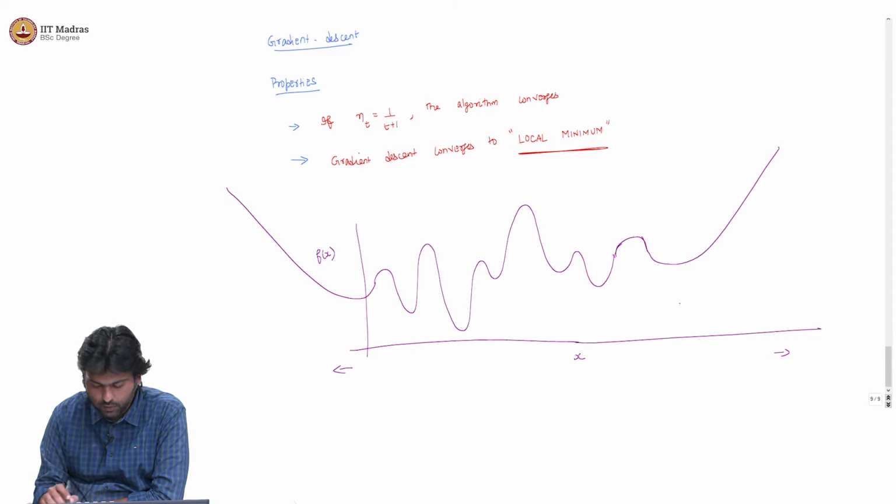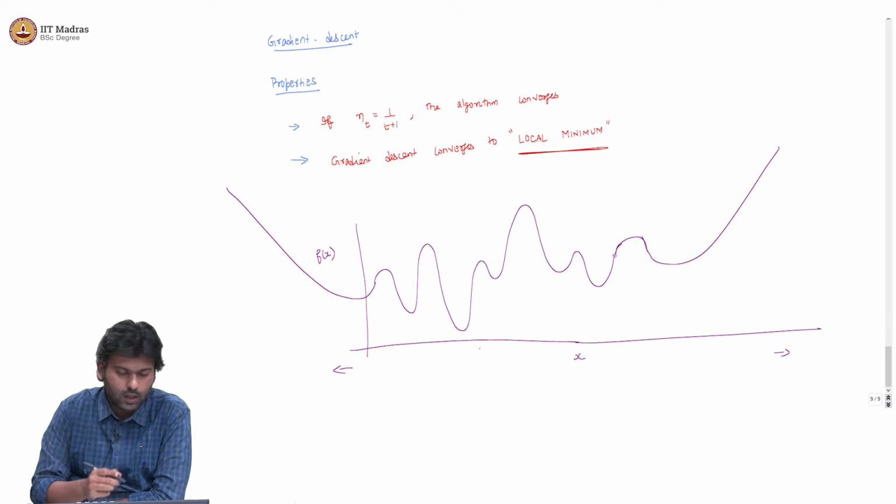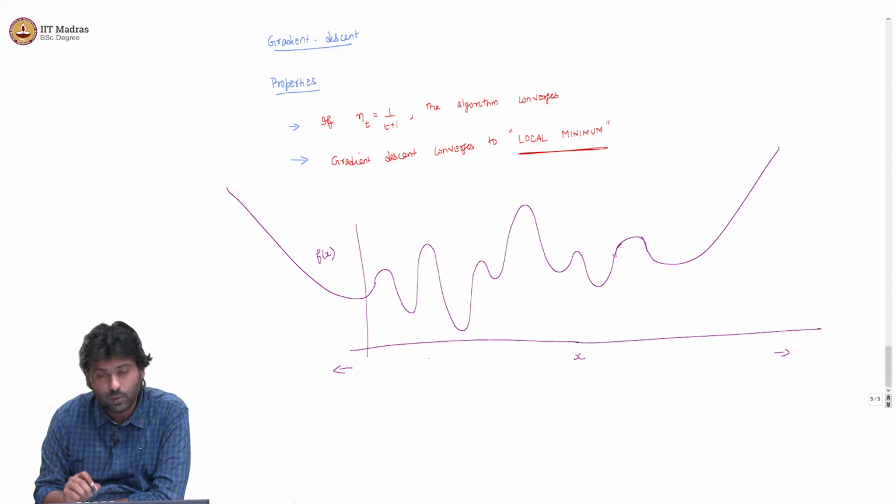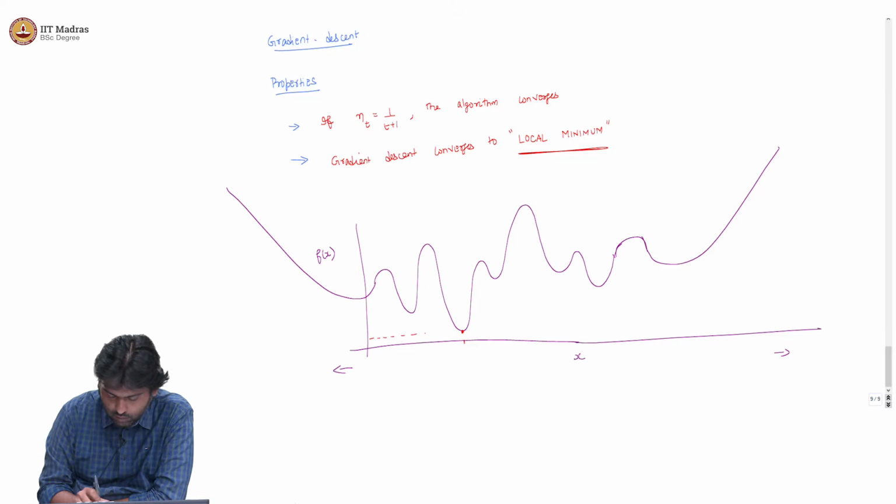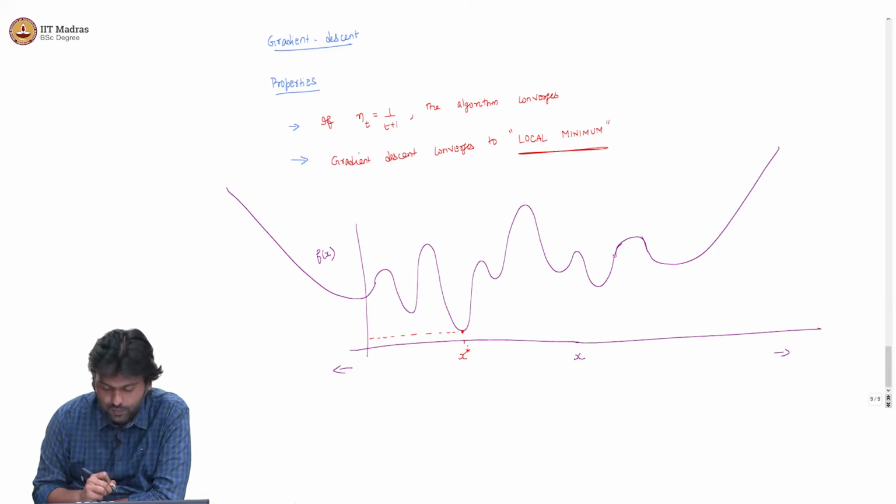Now, if you think of the minimum of this function, it is clear that the point where the function takes the smallest value is the minimum, and it appears here, right. So, this is the minimum value, and this is x star.